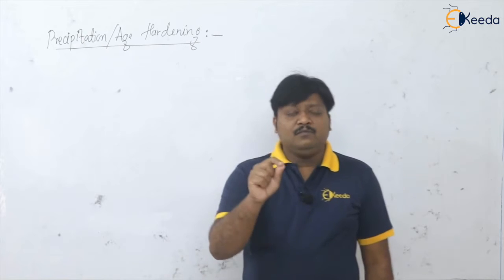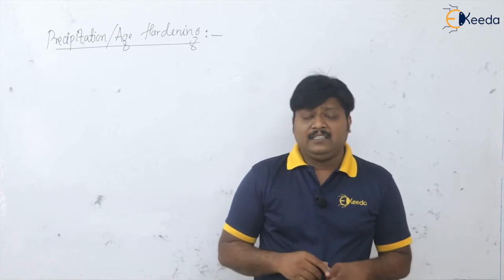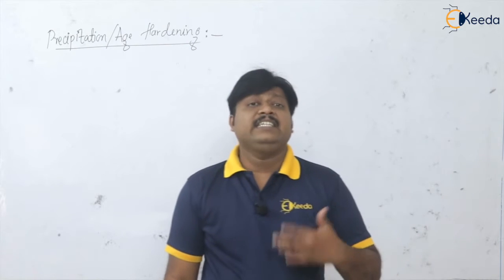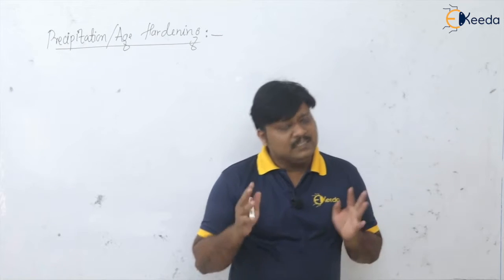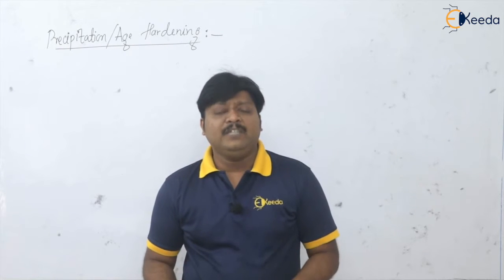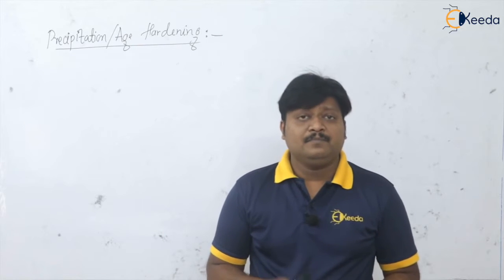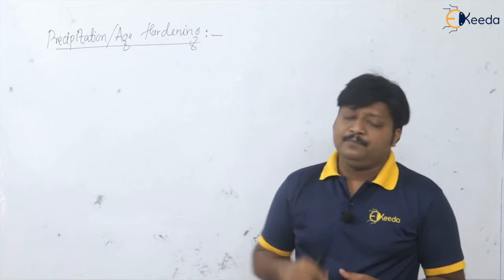This Alfred Wilm had a background in steel, and he knew that when steel is heated and quenched, it gets hardened. The same doubt was in his mind, whether aluminum alloy also behaves the same way. So let us visit the Alfred Wilm laboratory.